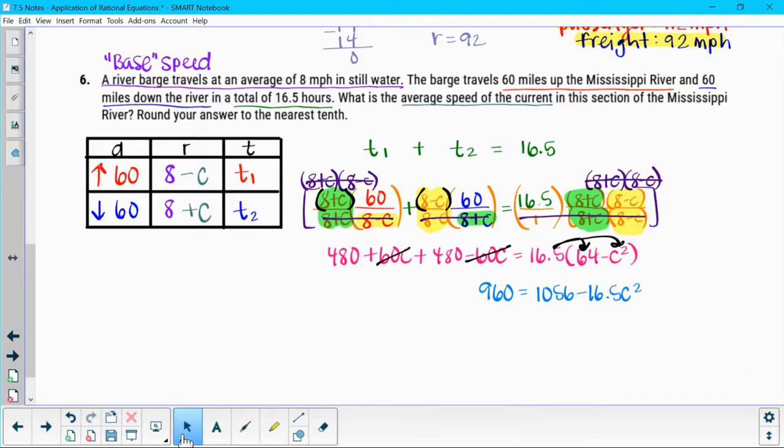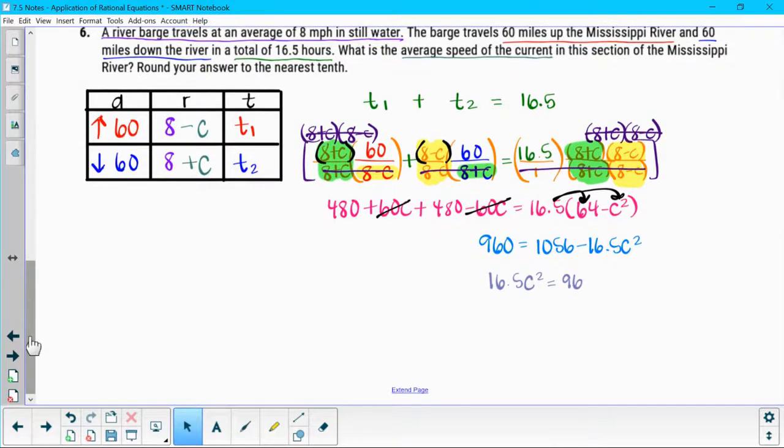And yes, this one's okay if you use a calculator. 960 is equal to 1056 minus 16.5 C squared, which if I move all of my number values to one side and my variable to the other, I get 16.5 C squared is equal to 96.